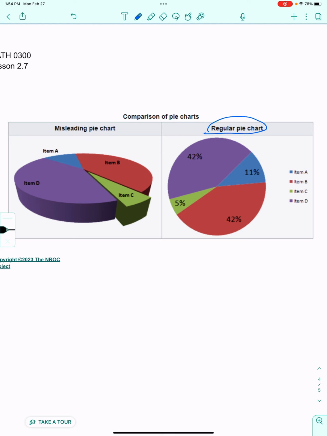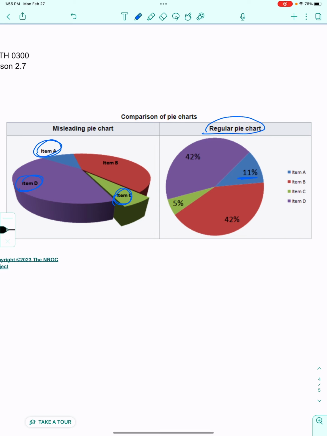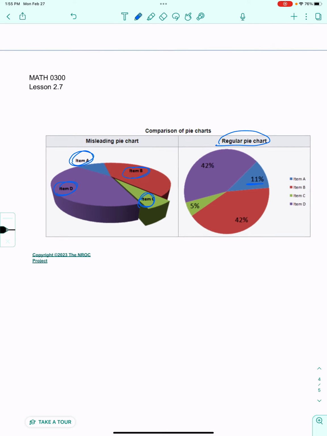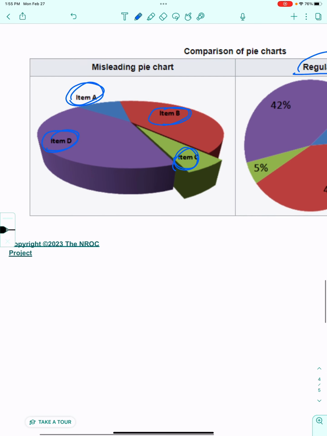All of a sudden, it looks like the green section for item C is bigger than the blue section from item A, when in reality, the blue one is 11% and the green one is 5%. Also, it starts to look like item D is larger than item B. But in reality, they're the same size. So be careful when you look at pie graphs.